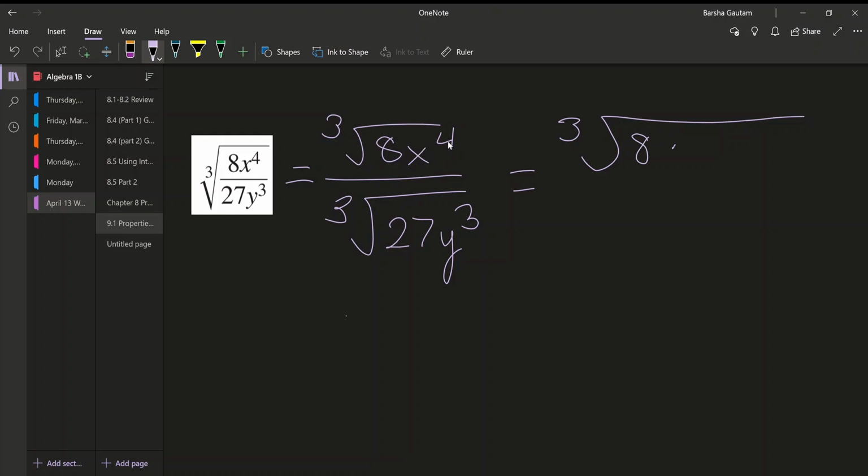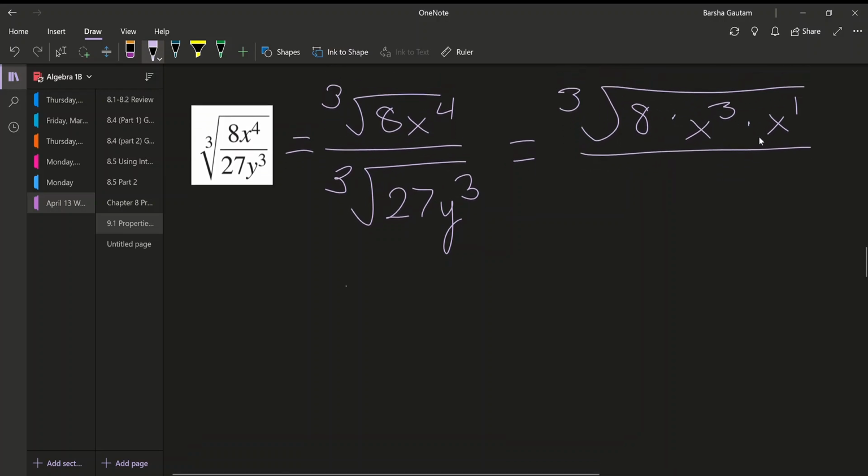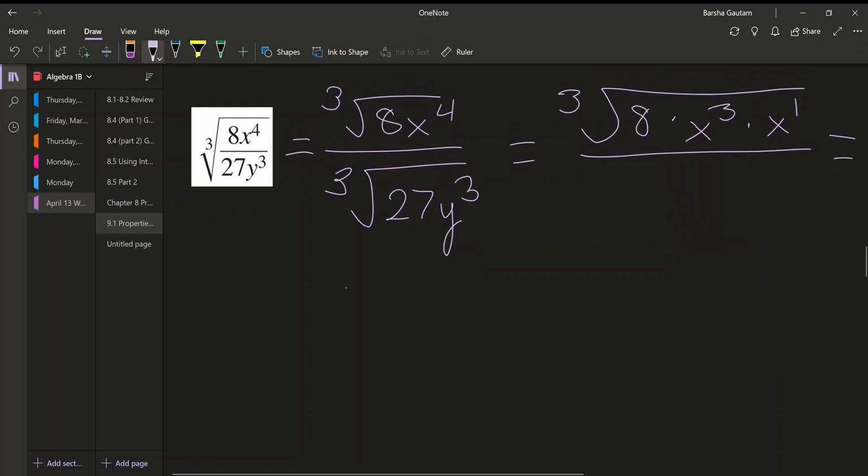Knowing that 3 plus 1 is also equal to 4, we can do this: x to the power of 3 times x to the power of 1. And by doing that, we can take this out. The cube root of x to the power of 3 is just x. So we'll do that over here. Put an equal symbol right here. And we can take the x out. We have that so far.